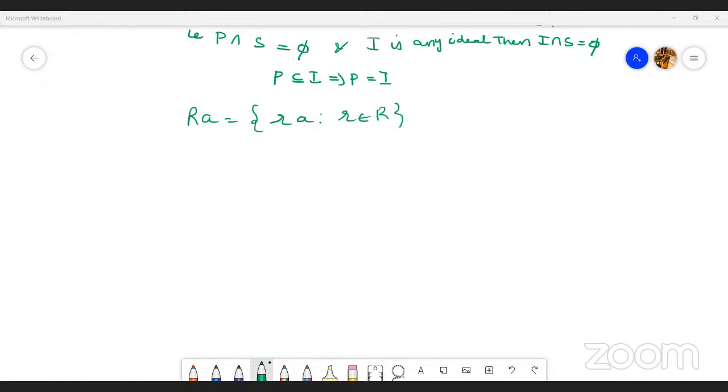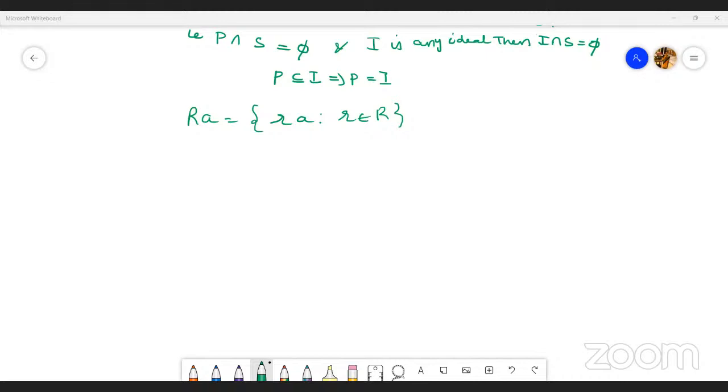Now just go through this. If Ci, for i belongs to delta, is a chain in S, that is each Ci is a chain in P, and for any i, j belongs to delta, you have either Ci is a subset of Cj or Cj is a subset of Ci.